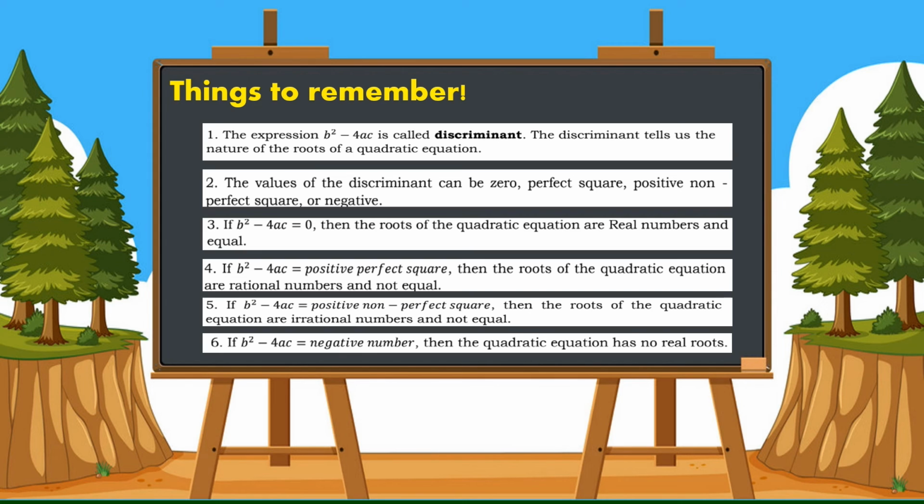If b squared minus 4ac is equal to a positive non-perfect square, then the roots of the quadratic equation are irrational numbers and not equal. If b squared minus 4ac is equal to a negative number, then the quadratic equation has no real roots.